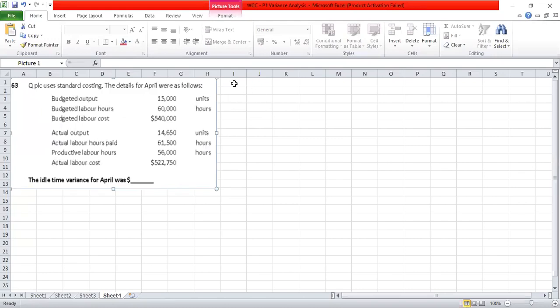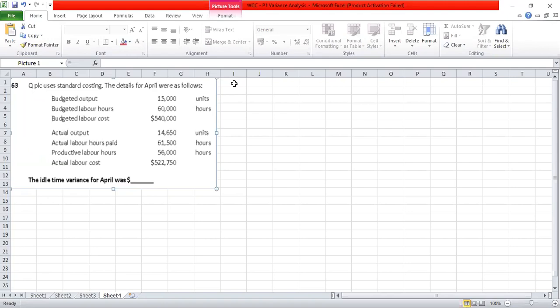Take the number of hours of idle time and multiply it by the budgeted rate per labor hour. However many hours are unproductive become the idle time, so there is no production during that. But because the workers are still present in the premises, their wages include this idle time also. So in any situation, idle time is always an adverse variance. First we need to find the number of hours of idle time, then multiply by the budgeted rate per hour.